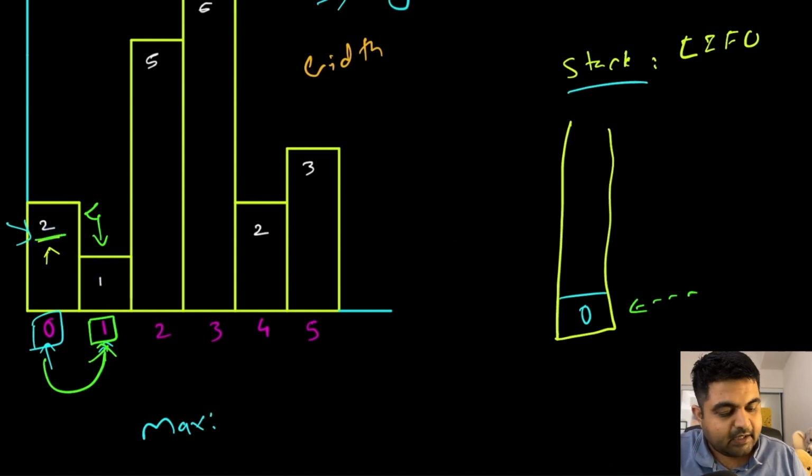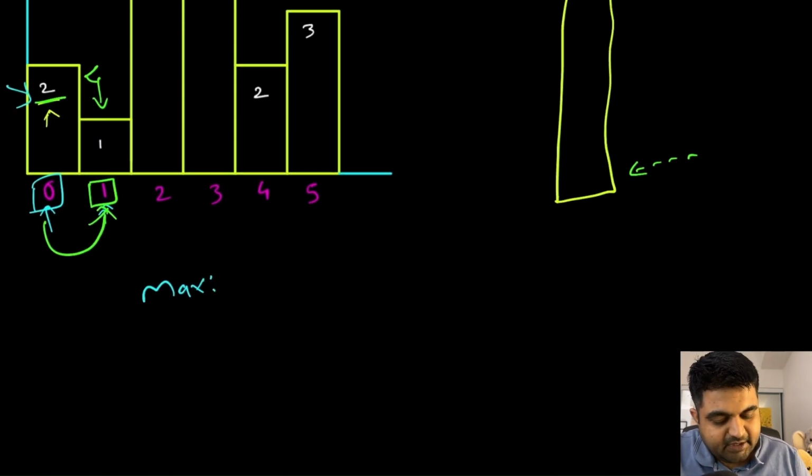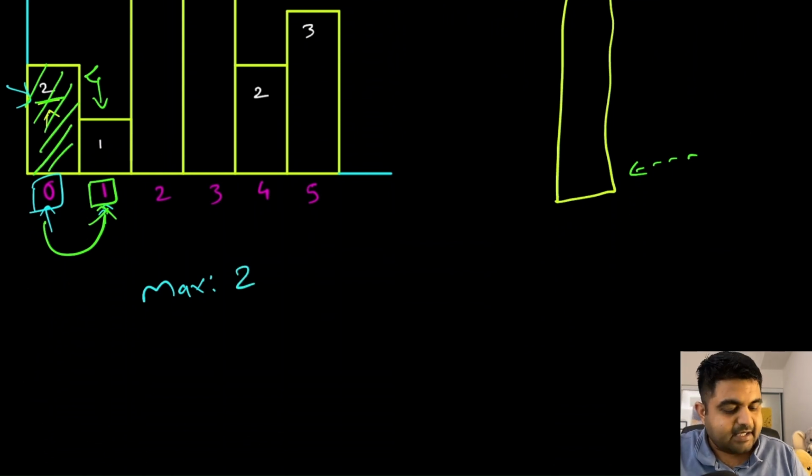So we will pop this element out and we will calculate the possible area that this element has been able to generate. So currently for this first position, that area is going to be 2, that is the height, multiplied by width, that is 1. So the maximum area we have so far is 2.